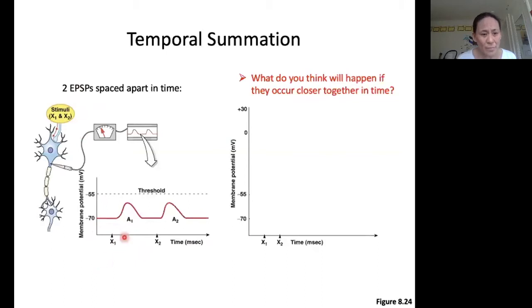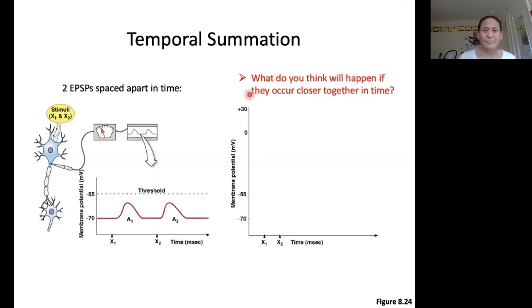So we have one action potential that's going to cause a PSP in the postsynaptic cell. We have a second action potential that's going to cause a second PSP in the postsynaptic cell. Notice that these PSPs are both sub-threshold, right? So we get these PSPs, but we don't get an action potential because we are not depolarizing the postsynaptic cell enough to trigger an action potential, right?